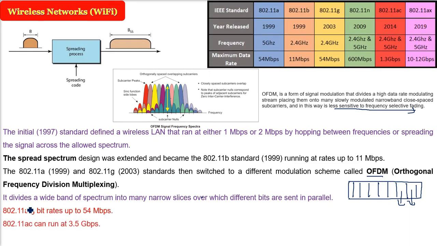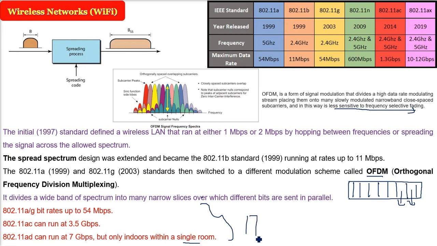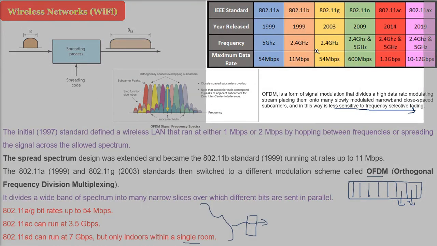And there are different versions giving different speeds. So we have AG, AC, AD, and this AD I'm talking about because it will work only indoors, because it cannot penetrate the wall. So we will have the extension and the extender kind of thing.